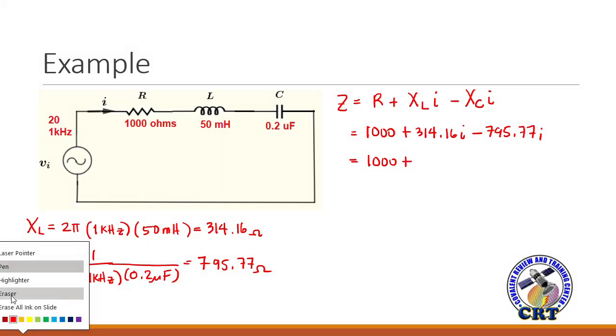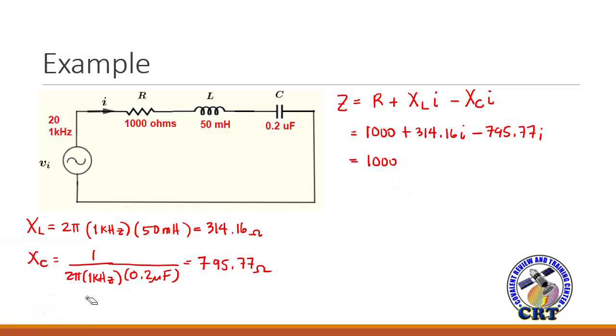For the imaginary part, this is obviously negative: 314.16 minus 795.77, and this is negative 481.61 i. This is in rectangular form.